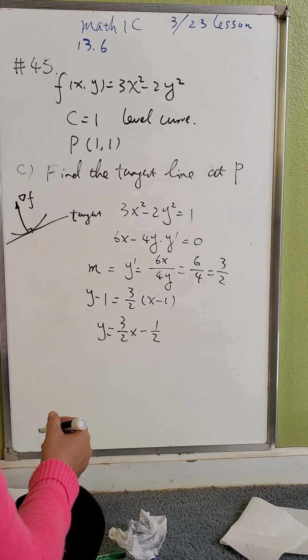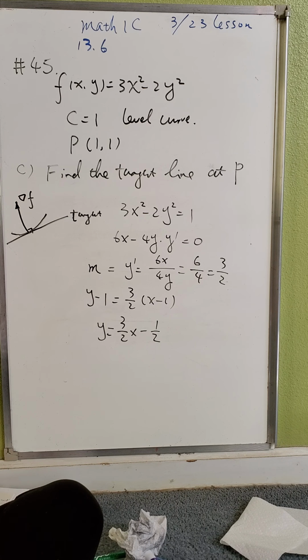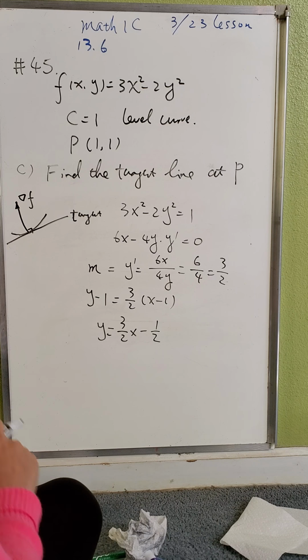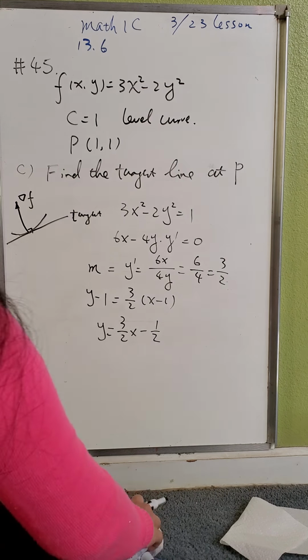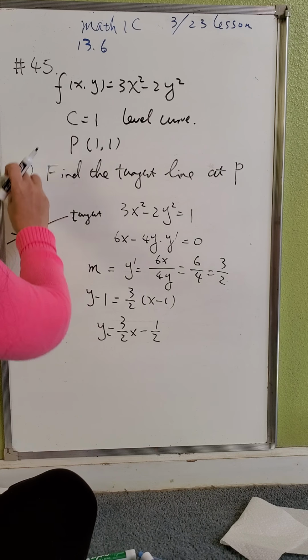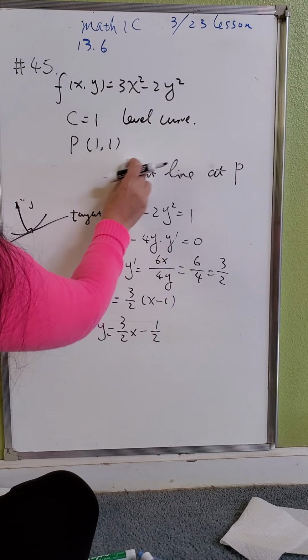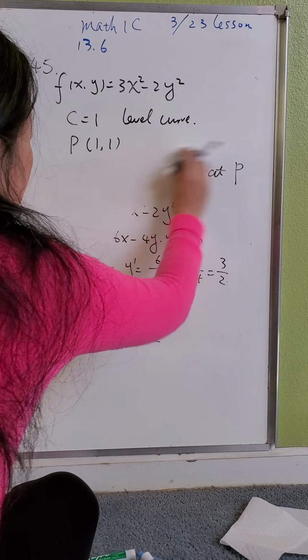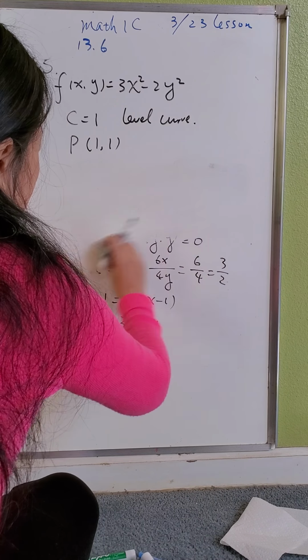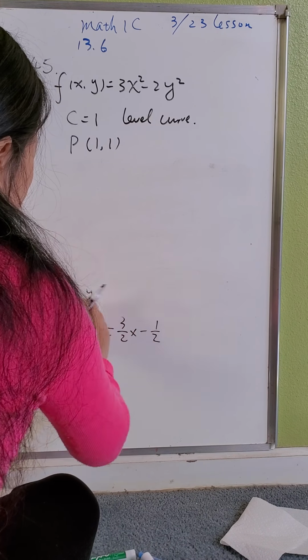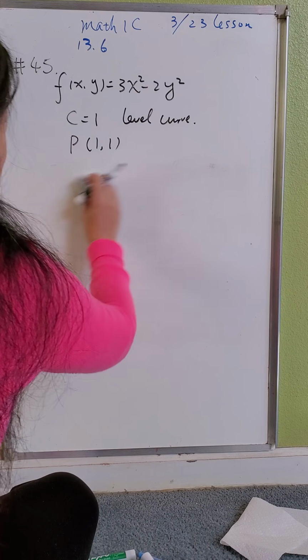Now for D, the most important part is to put them all together in a graph. We're going to graph these things together. So expect this in the exam. You need to graph the gradient, the tangent line, and the level curve.